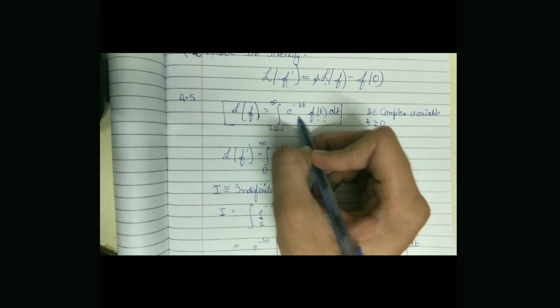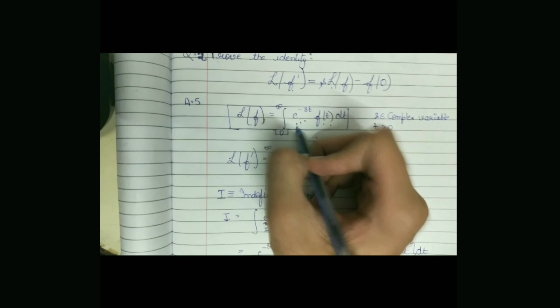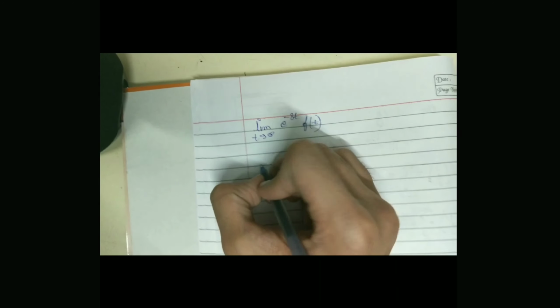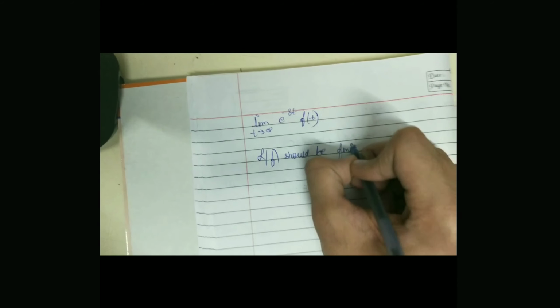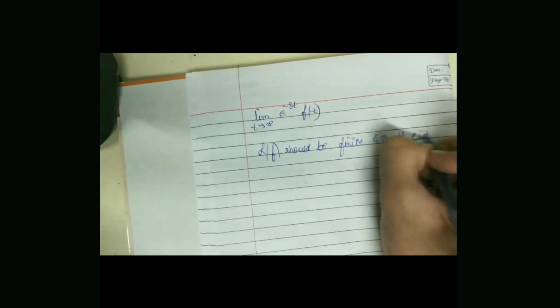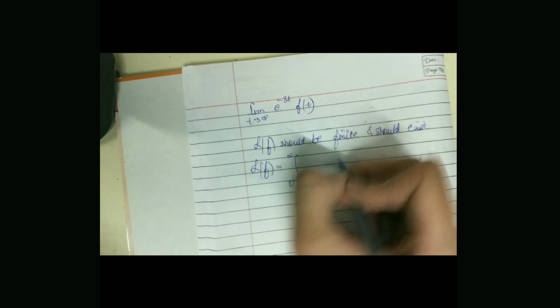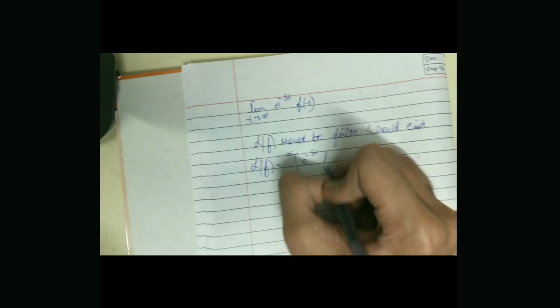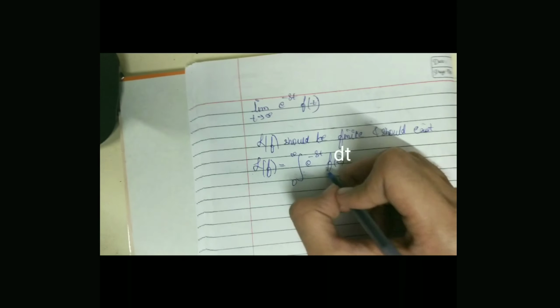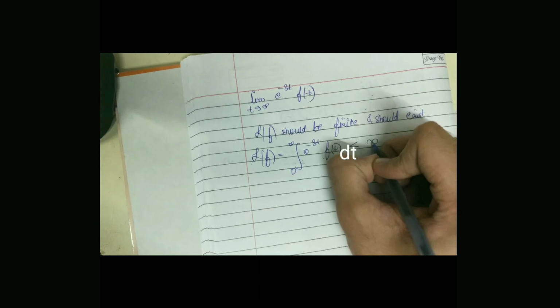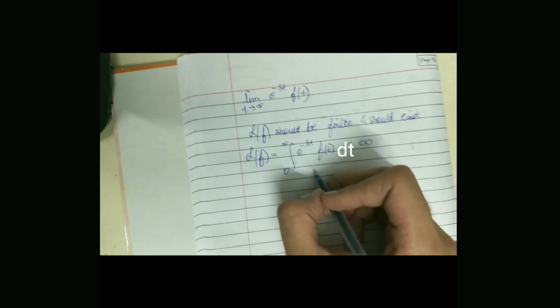If the Laplacian of f has to exist, it must be finite, so the integral from 0 to infinity of e raised to power minus st f(t) must have a value less than infinity.